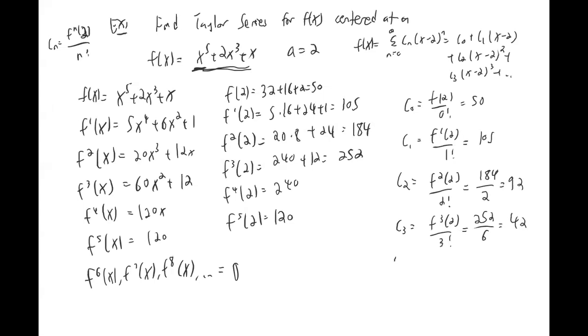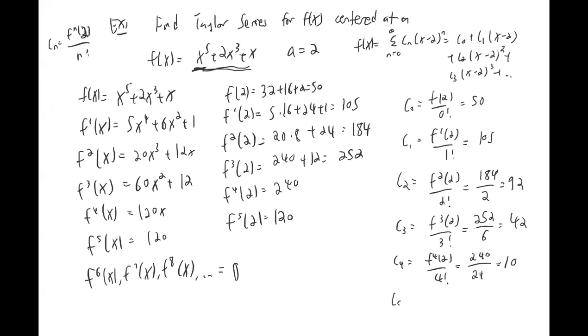Okay. C4 is f4 at 2 over 4 factorial. So f4 is 240. And what is 4 factorial? 4 factorial is 4 times 3 times 2 times 1, so that's 24. This is 10.